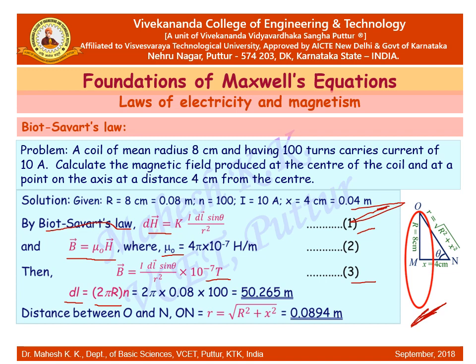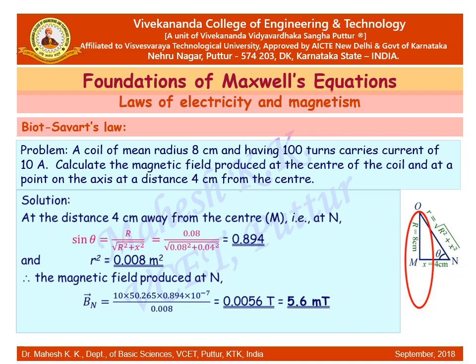So dl by this calculation is going to be 50.265 meters. Now from this simple geometry, the distance between O and N can be calculated as small r equal to root of R square plus x square, which if you calculate will give 0.0894 meters.